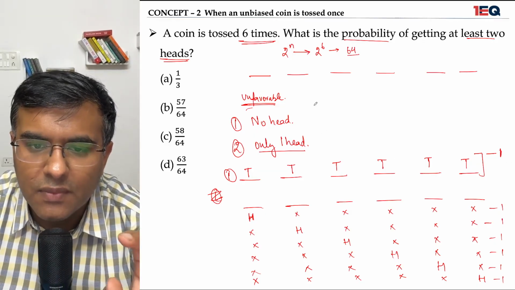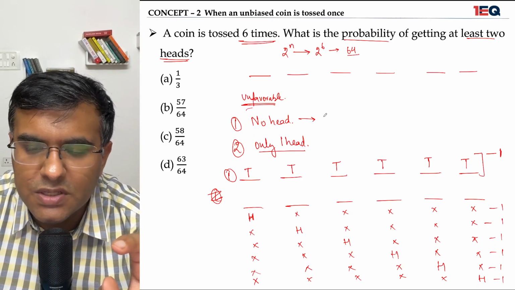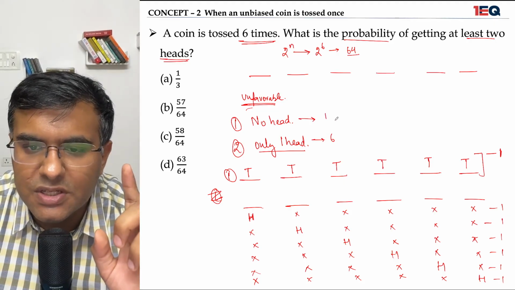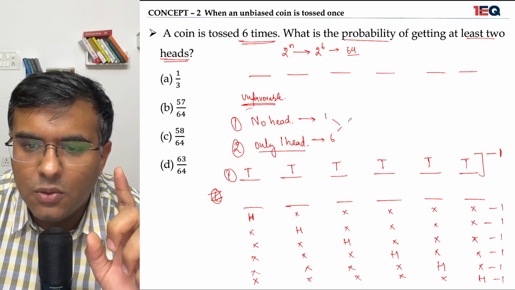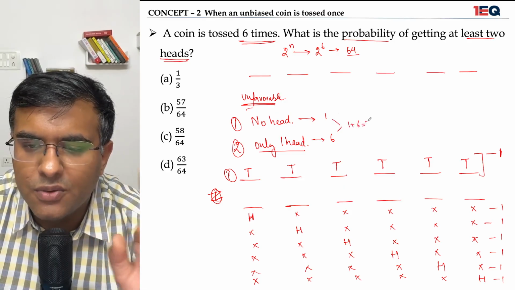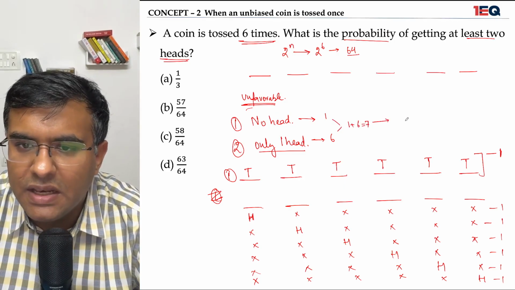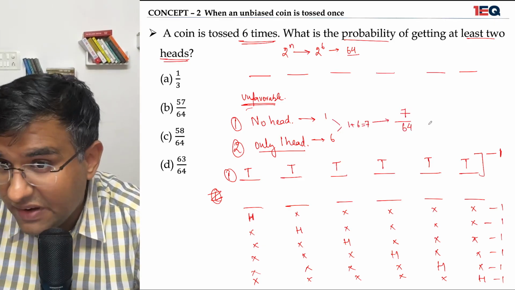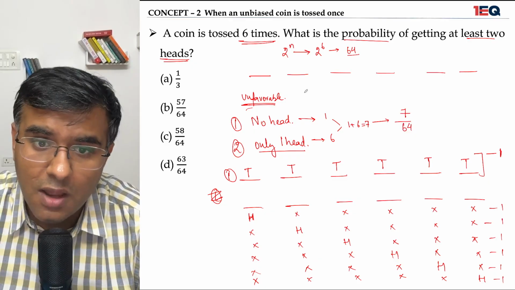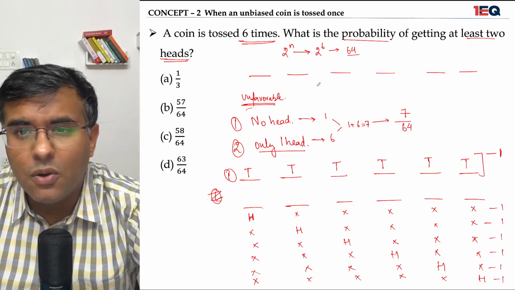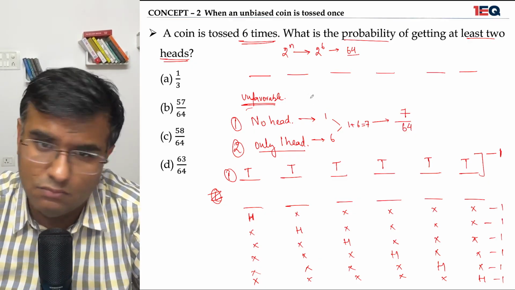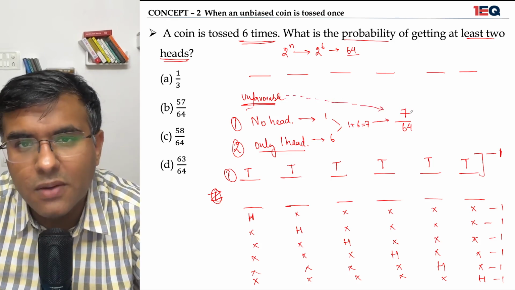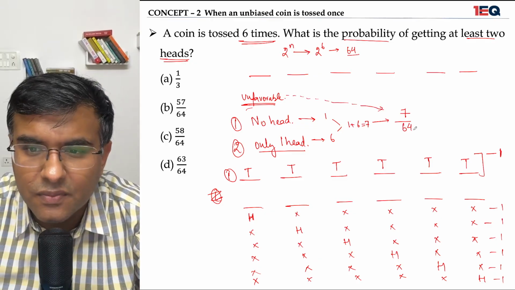Out of that, I have no head situation once, and only one head situation 6 times. So the value of 1 plus 6 is equal to 7, and my final answer would be 7 upon 64. But is that a favorable case that we're talking about? No, that is not a favorable case we're talking about. We are talking about the unfavorable case.